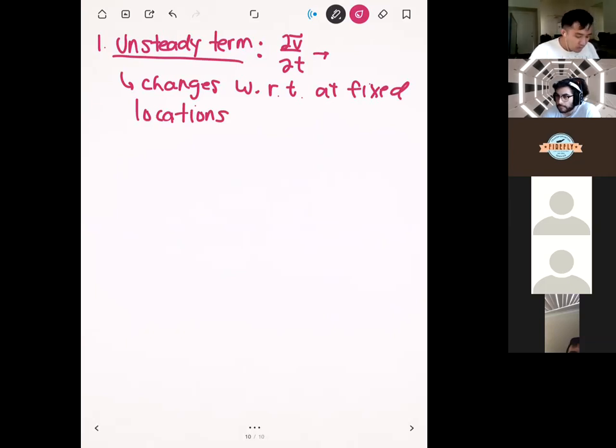Because this is a change at a fixed location with respect to time, another way that this is called is the local rate of change.